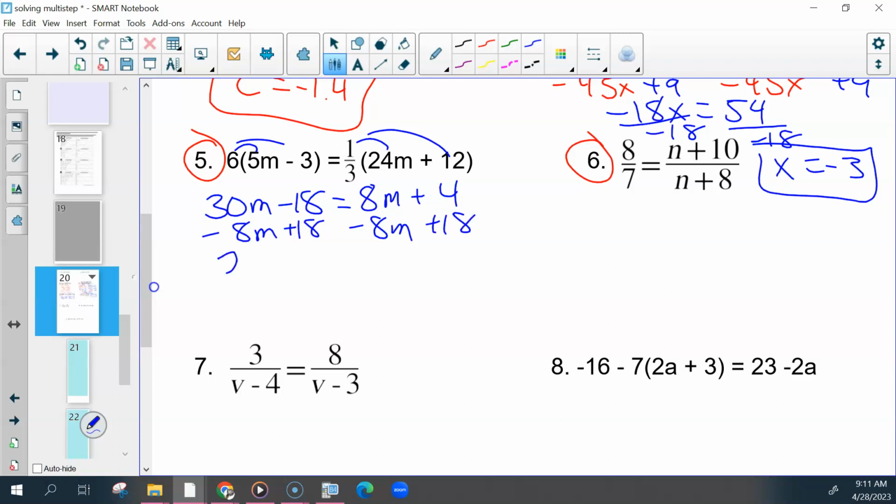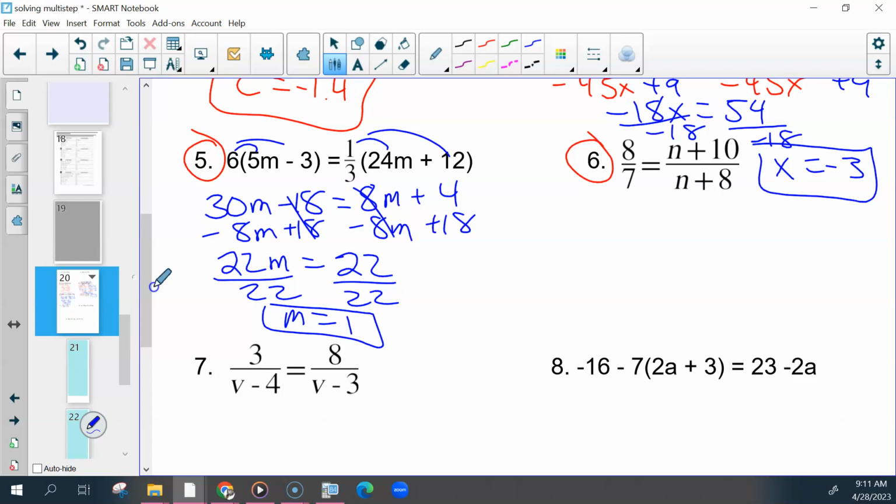So we have 22m equals 22. And when we divide both sides by 22, what would m be? Questions on that?